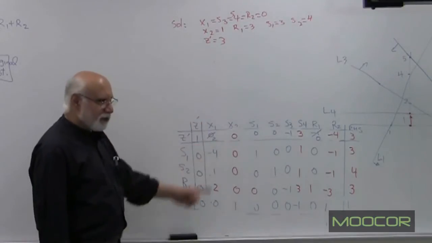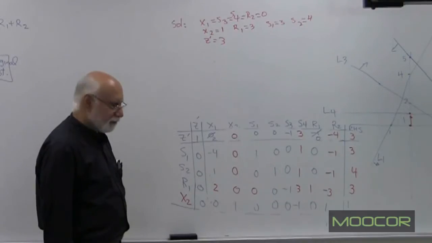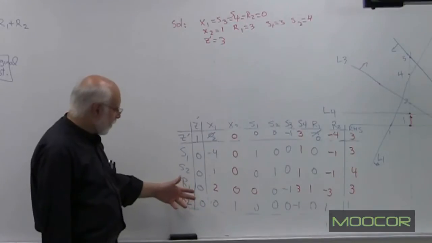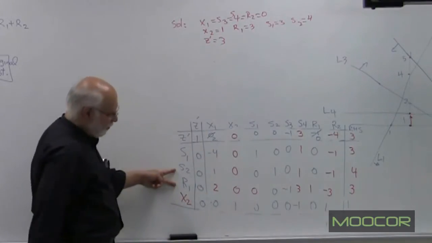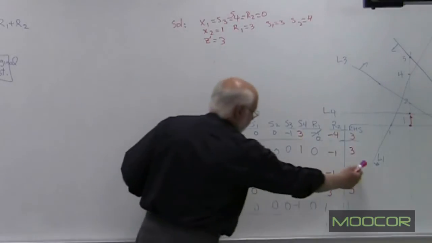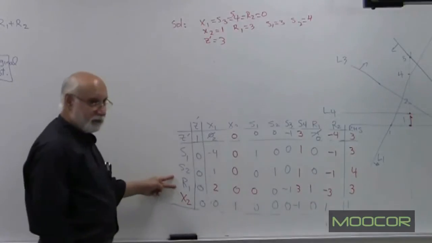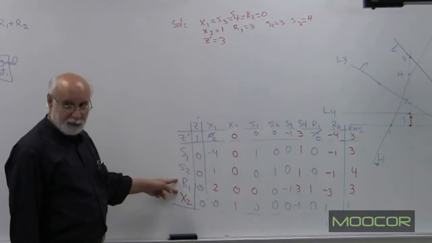So let's, for example, say that we wanted to select X1. That's negative, this is 0. So 4 over 1 and 3 over 2. R1 is going to be the leaving variable.